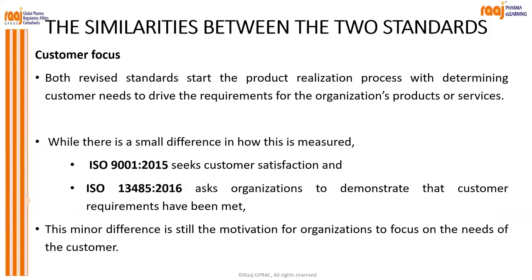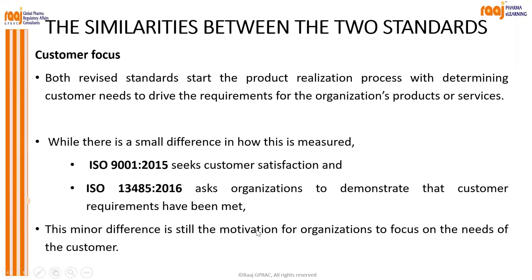Then the customer focus. Both revised standards start the product realization process with determining customer needs to drive the requirements for the organization's products or services. While there is a small difference in how it is measured. ISO 9001 seeks customer satisfaction, and ISO 13485 asks the organization to demonstrate that customer requirements have been met.